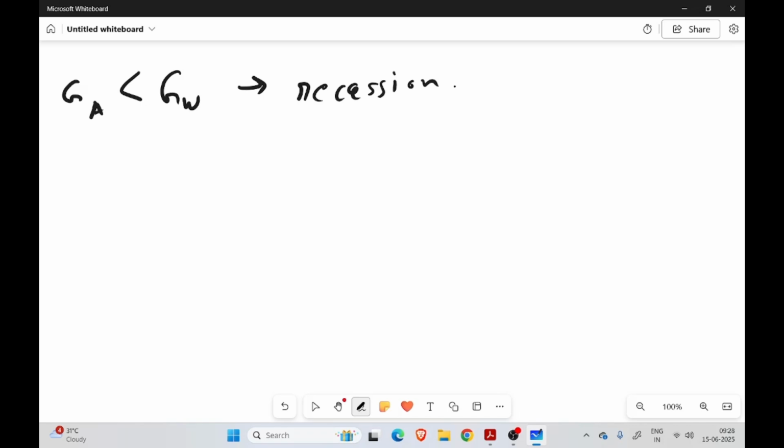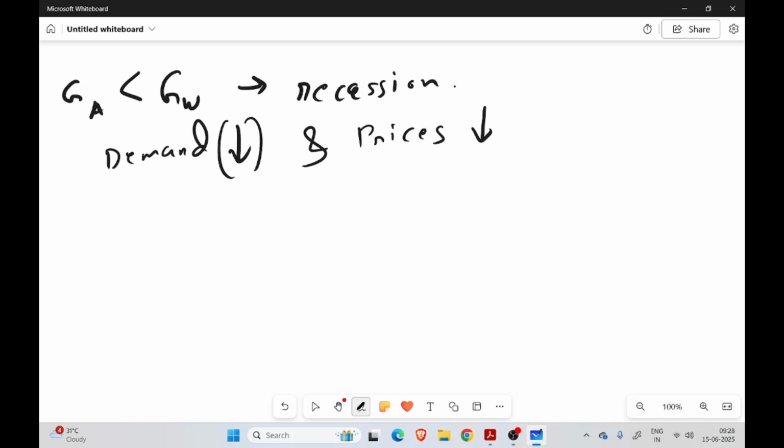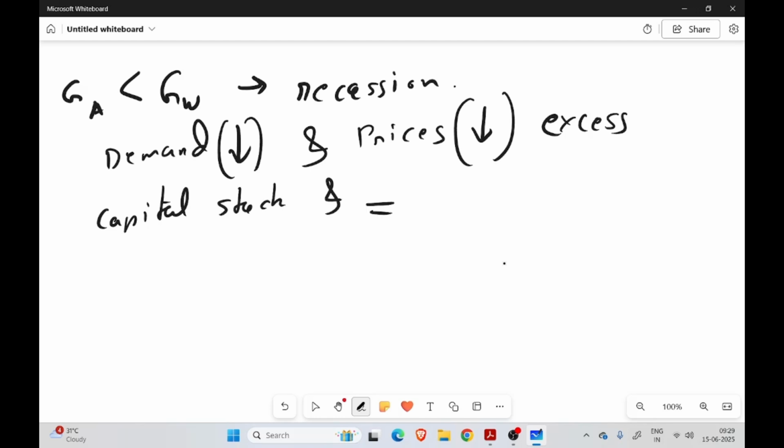Therefore, demand falls and prices also fall. There is excess capital stock in the hands of the businesses, and this leads to a recession.